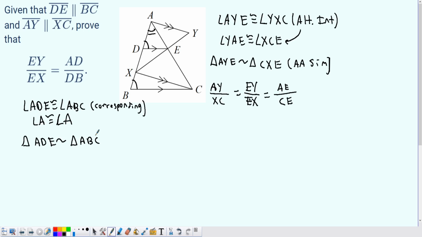So now we can write all the ratios associated with those triangles. For instance, we want AD in our answer, so let's start with AD. What side does AD seem to match up with? Well, that would be the side AB.